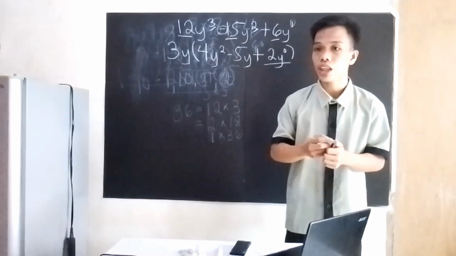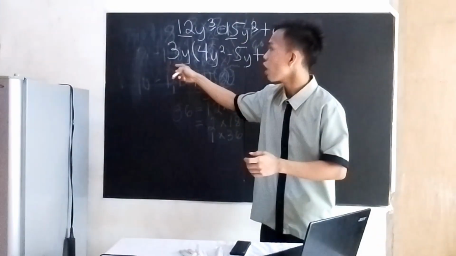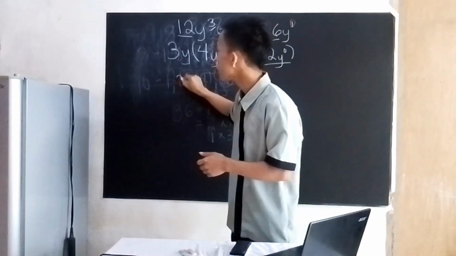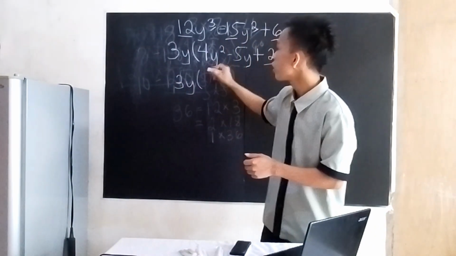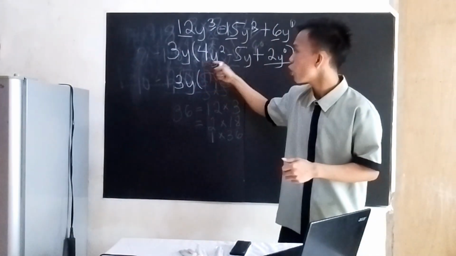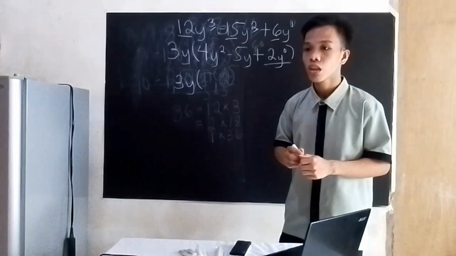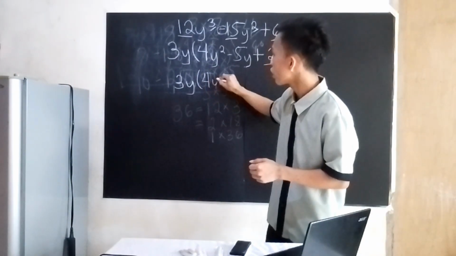The first thing that we need to do is copy the multiplicand, 3y multiplied by. Can we simplify 4y squared? No, so we are just going to copy that.